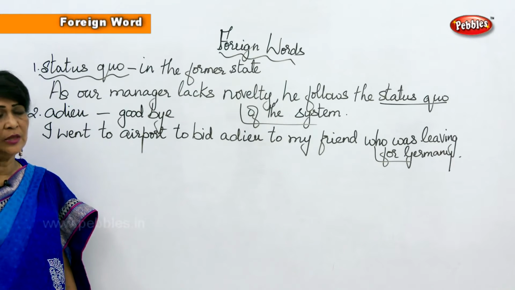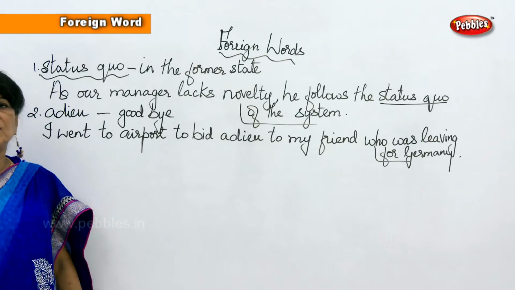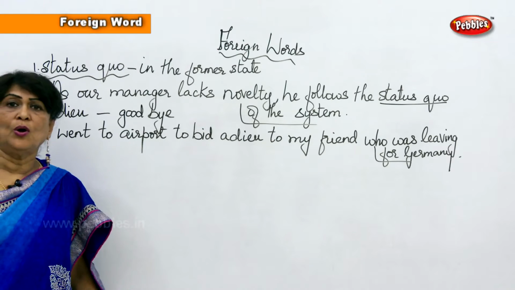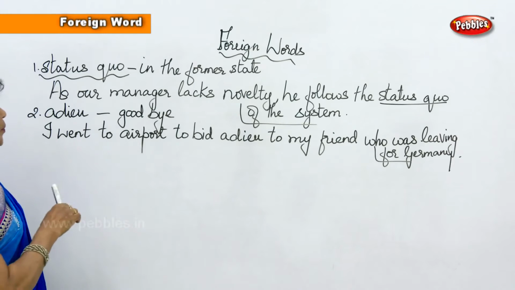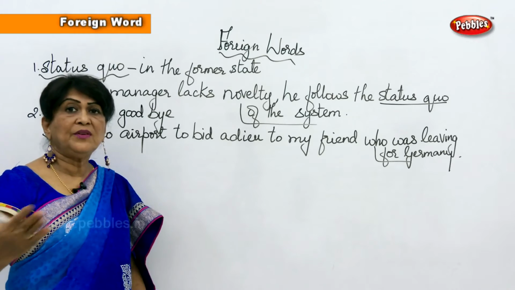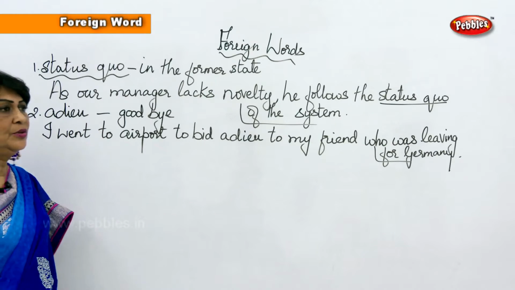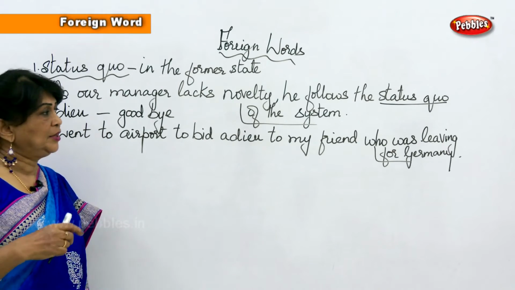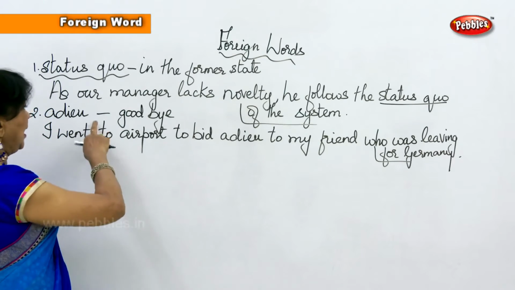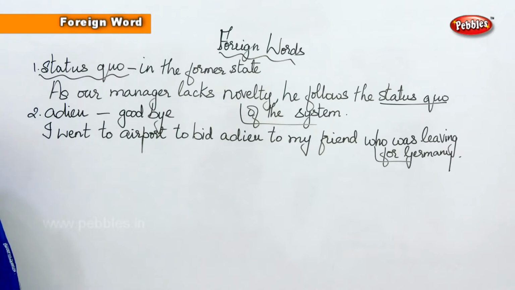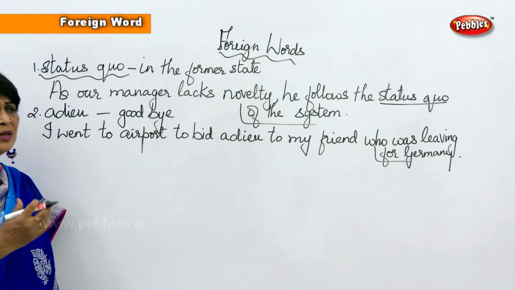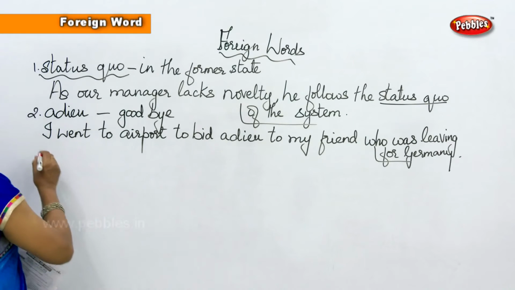This is a French term, and adieu is also a French term, but you say this when you are going to be separated for a long time. So I went to the airport to bid adieu to my friend who was leaving for Germany. It may be a long time since you are going to see your friend. So you are bidding adieu. So you can also use au revoir, but not for a long separation, just for a short separation.